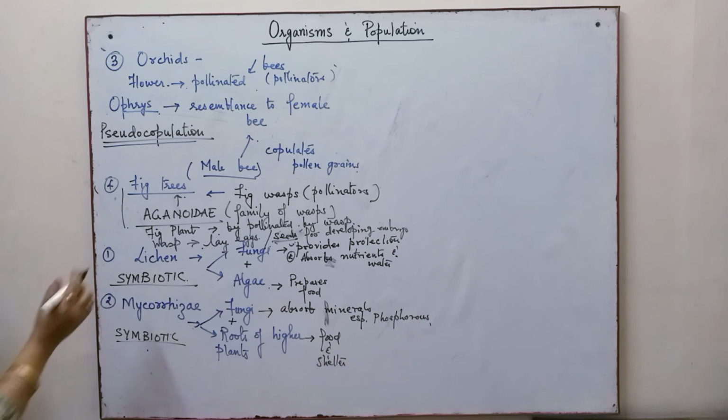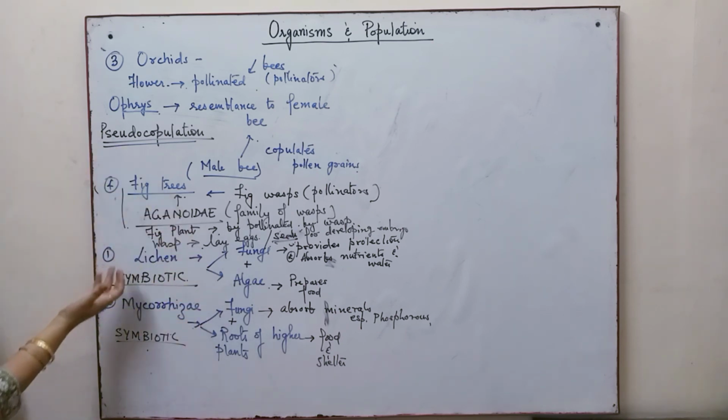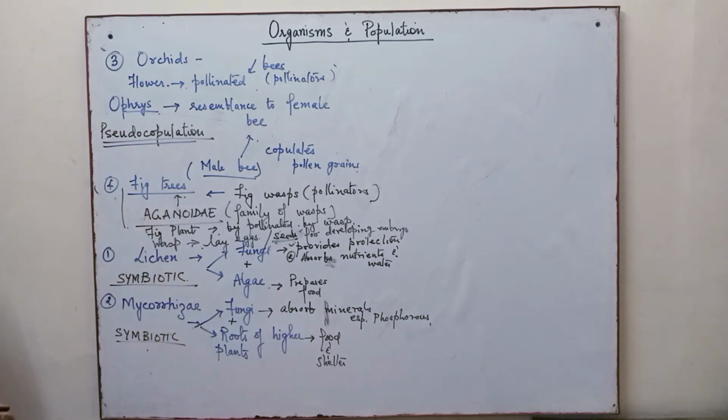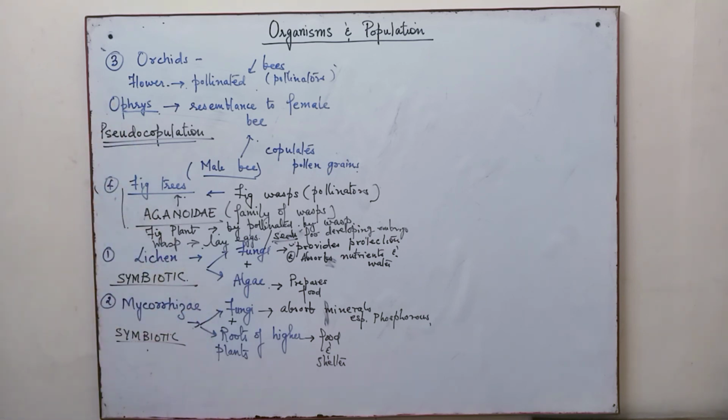So both are getting the benefit, and the type of relationship we find over here is obligate mutualism. So in all these examples, right from lichens to mycorrhiza, orchids and the fig trees, we find that the organisms are dependent on each other, and during the process both the species are getting the benefit.